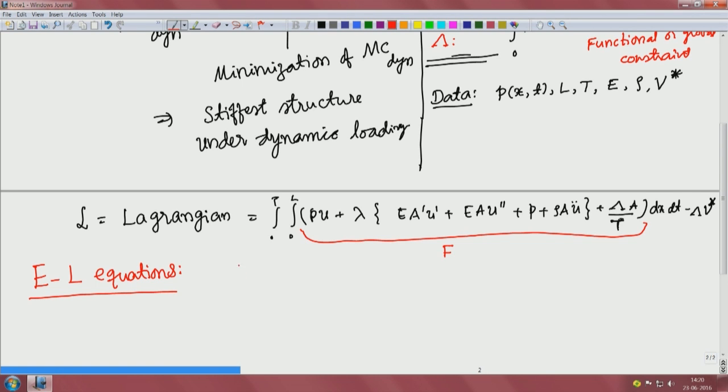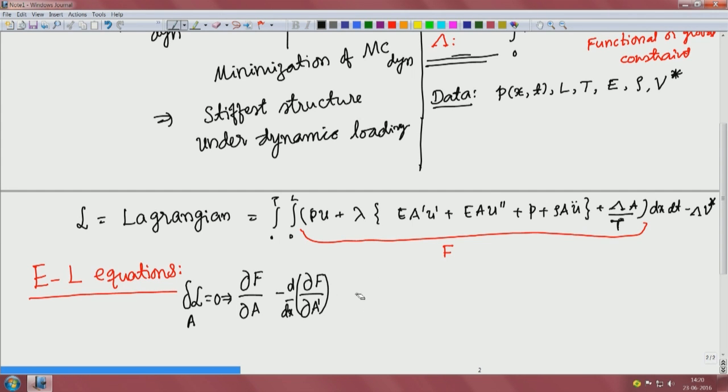We write the equations as follows. First of all, if I take the variation of the Lagrangian with respect to the area of cross section A, that would imply dou f by dou A minus d by dx of dou f by dou A prime plus d square by dx square of dou f by dou A double prime, but we do not have that, A double prime is not there, so this term is not needed.